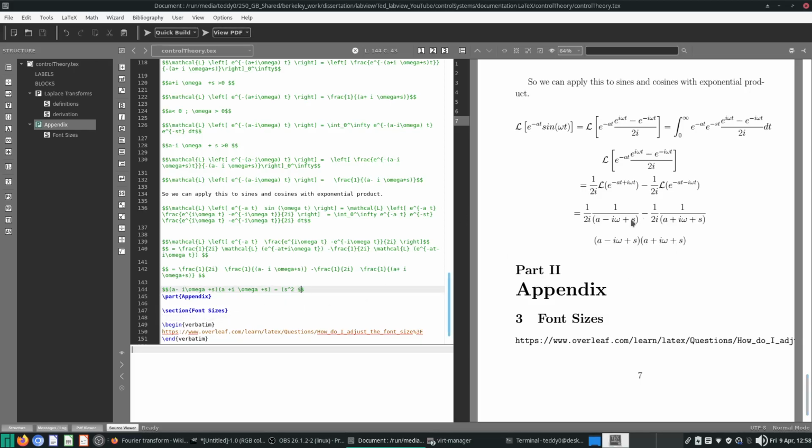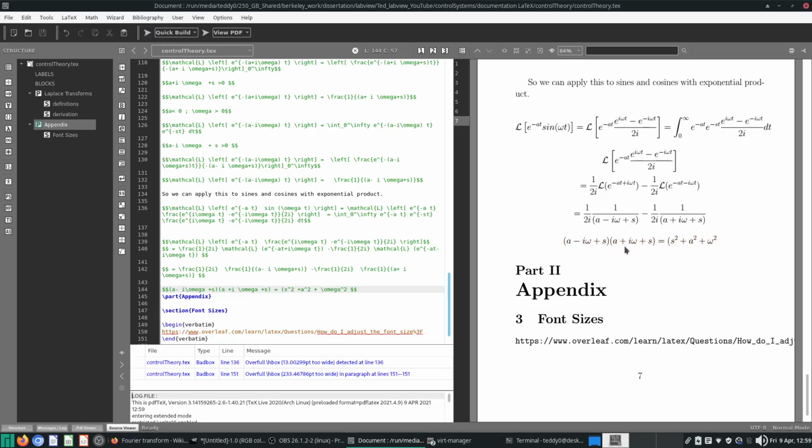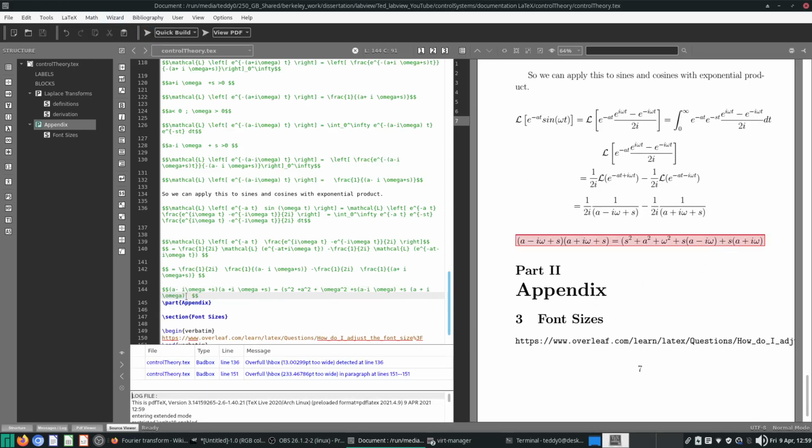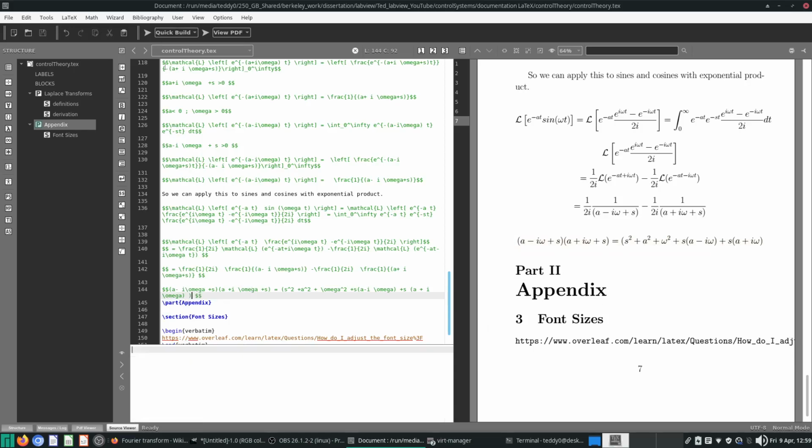Then you have a minus I omega and a plus I omega, which will give you a squared plus omega squared. So a minus I omega times s, then I'll add also s times a plus I omega. Alright, that's how I do it. Any careless mistakes, just let me know.